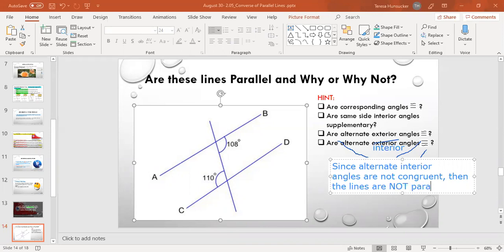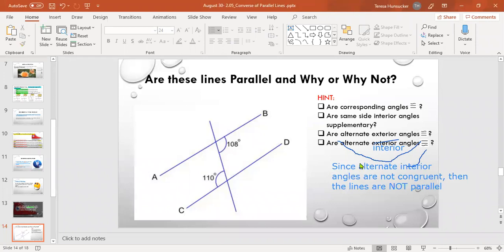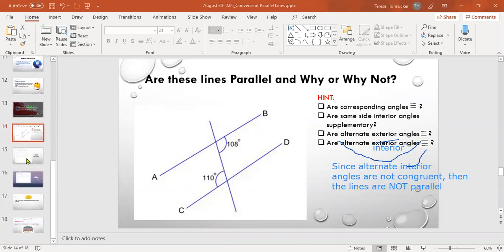And remember, converse is, what we're trying to do today is prove lines parallel. So we didn't prove anything. They would have to be congruent. They'd both have to be 110 or 108. All right, moving along.